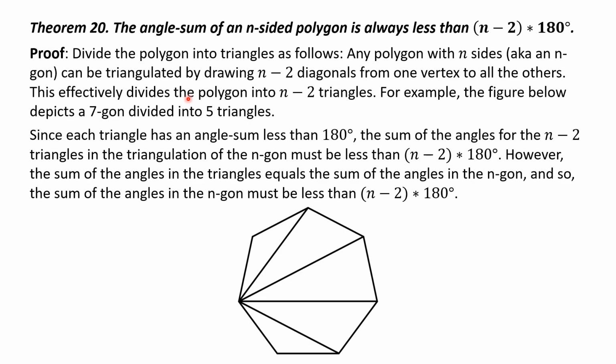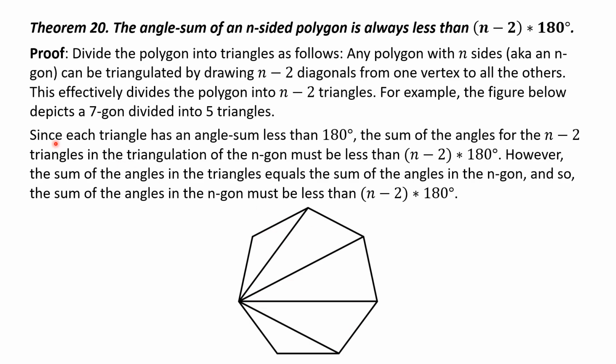This effectively subdivides the polygon into n minus 2 triangles. And I have an example here where you have a 7-sided figure. So you pick one vertex and you draw lines to the other vertices. So you have 7 sides here, and you get 1, 2, 3, 4, 5. So n minus 2 triangles.